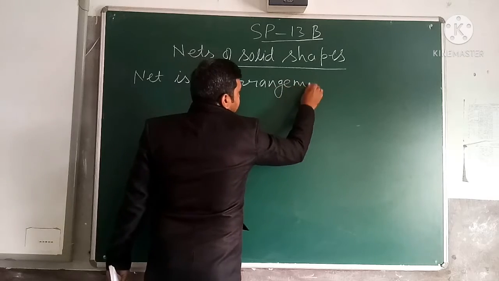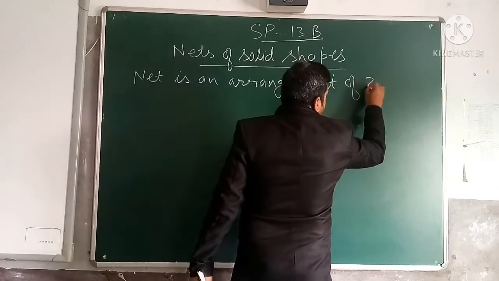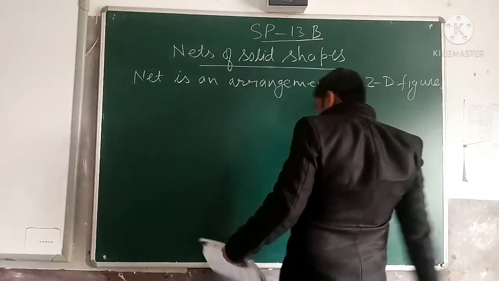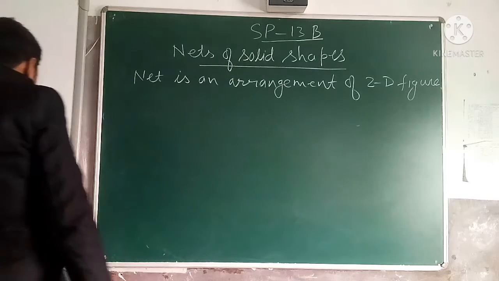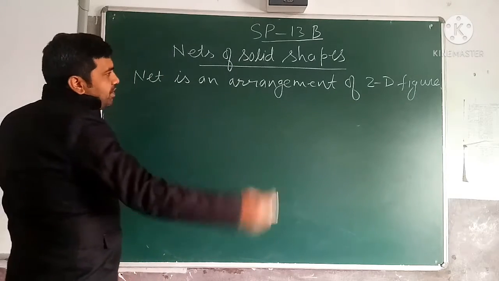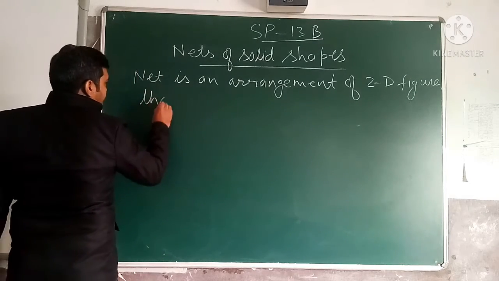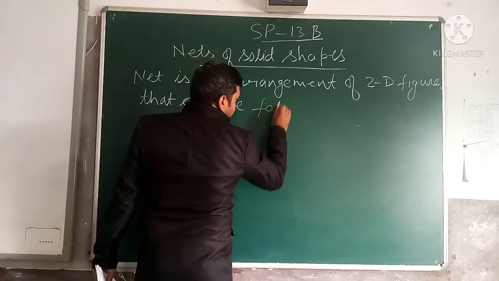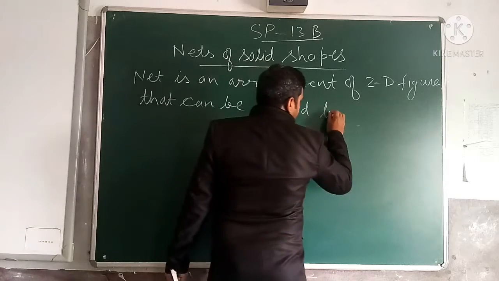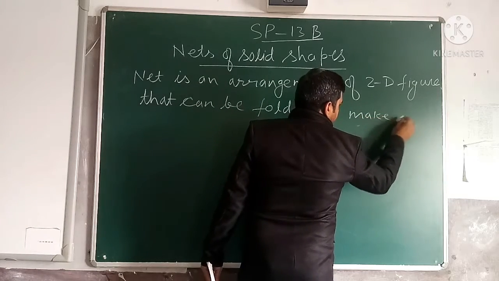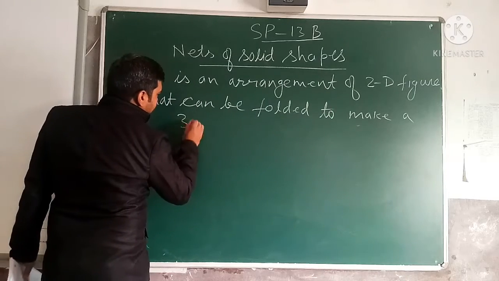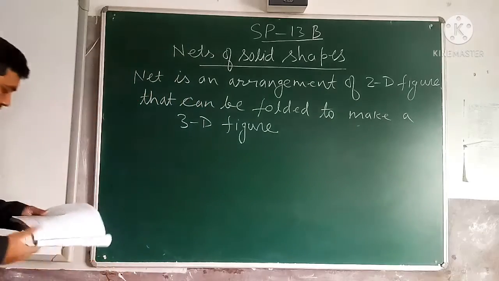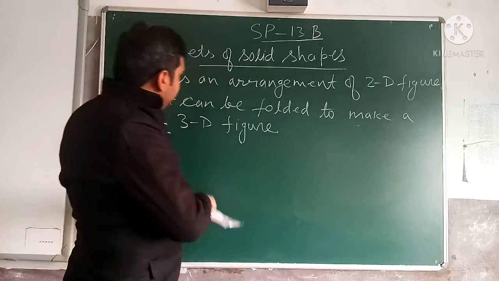A net is an arrangement of 2D figures, two-dimensional figures, that can be folded to make a three-dimensional, 3D figure. So a net is an arrangement of two-dimensional figures that can be folded to make a three-dimensional figure.